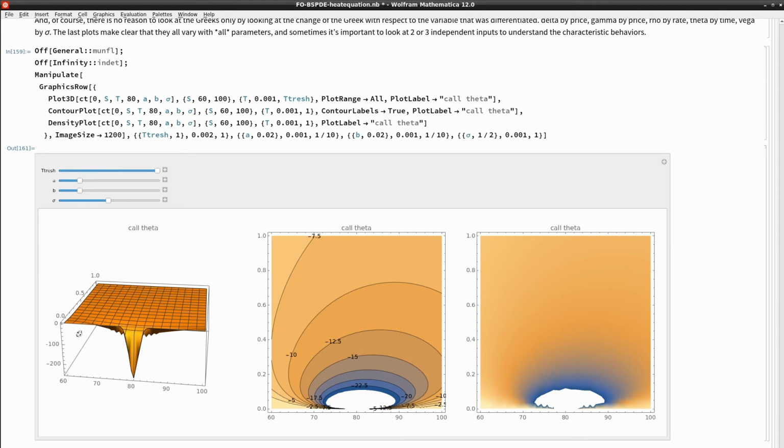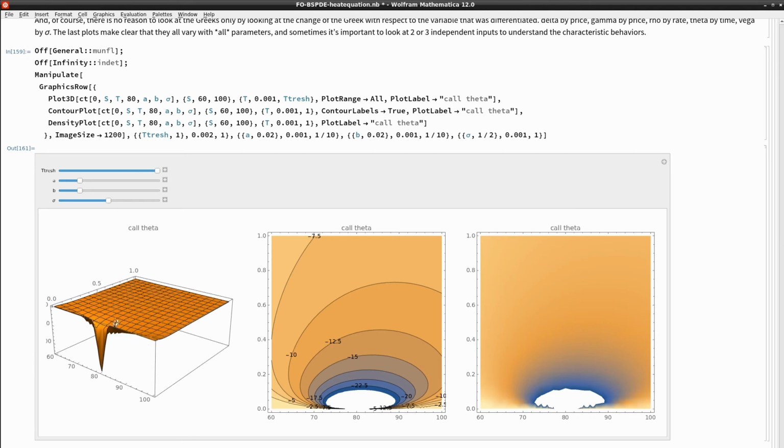Again, I emphasize theta is negative, and it just craters down at the strike because at the strike is where you have the largest amount of time value. In the wings, the difference between the options and the intrinsic value becomes smaller and smaller. Okay, so we absolutely crater here at the strike.